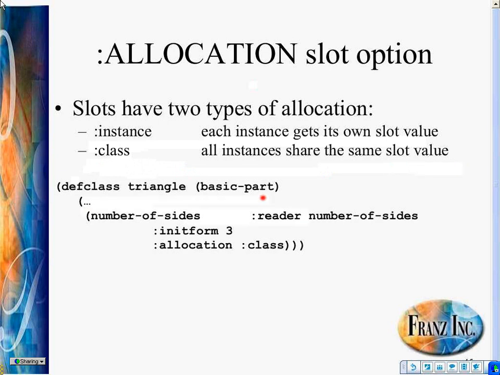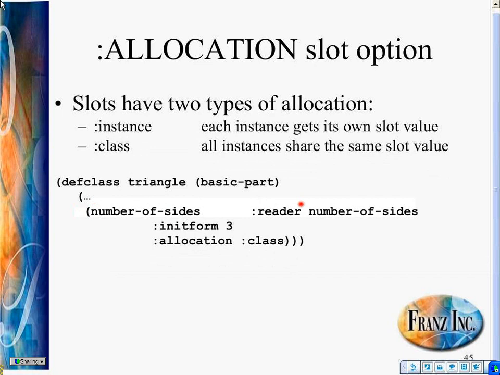Here we're defining the class rectangle. It's a subclass of basic-part, which I don't know if we've defined yet, but just imagine it's a class of shapes. And there's a whole bunch of other slots, which we're not showing here.